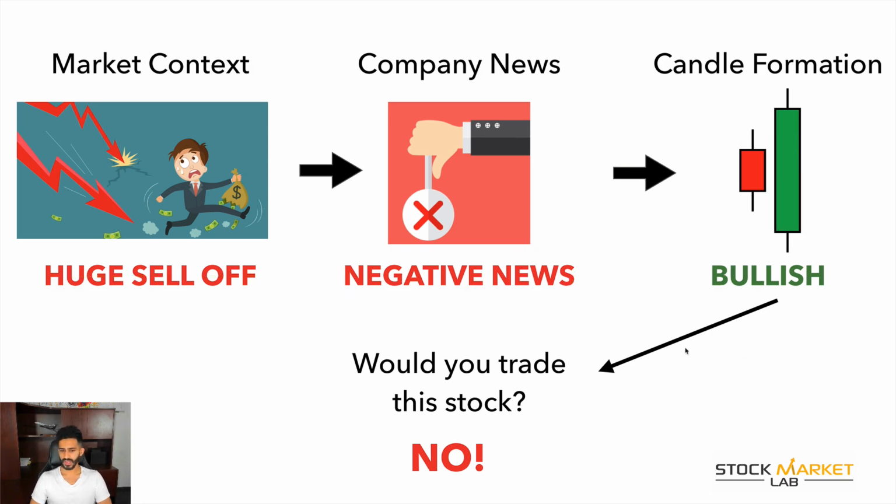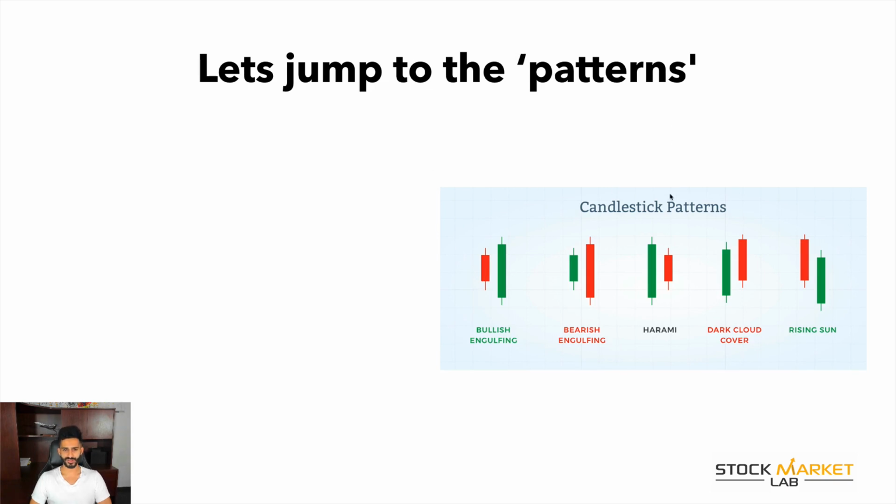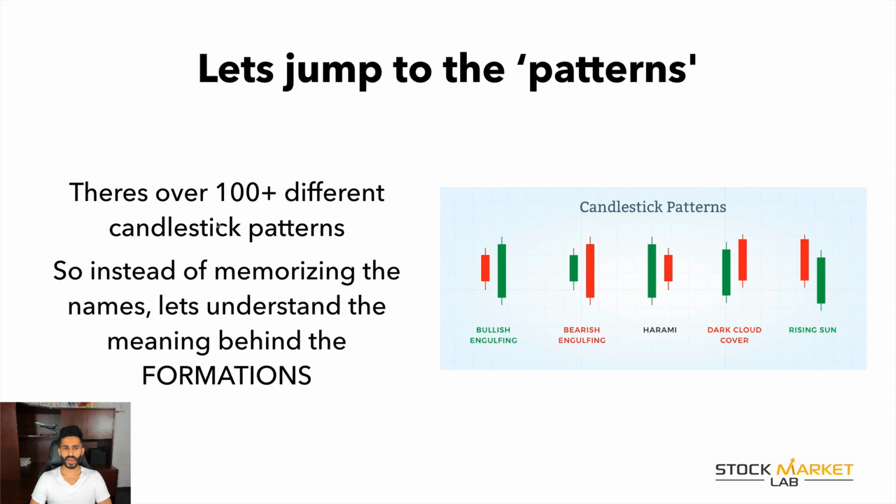Now, let's jump into the patterns. I'm going to go over some patterns and we're going to break them down. What I want you to understand is there are over 100 different candlestick patterns that exist, with a lot of different names. So instead of memorizing the names, let's understand the meaning behind the formations.